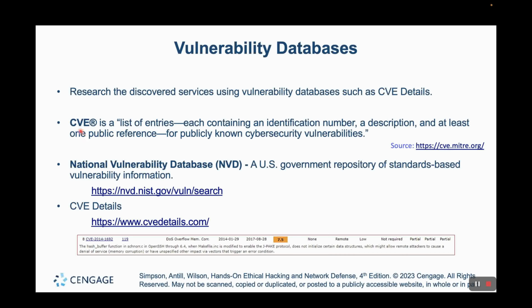And so CVE is basically a list of entries, each containing an identification number, a description, and at least one public reference for a publicly known cybersecurity vulnerability.